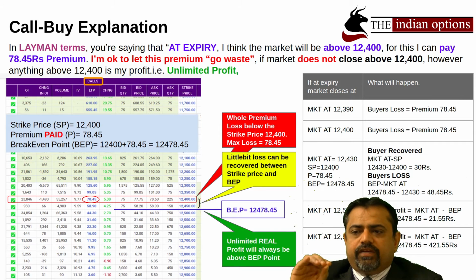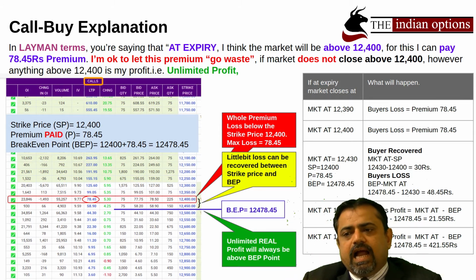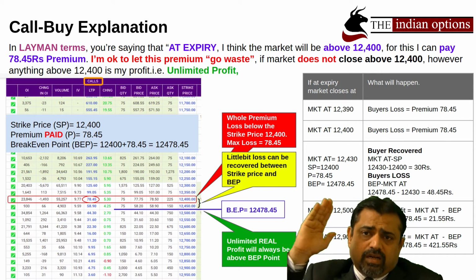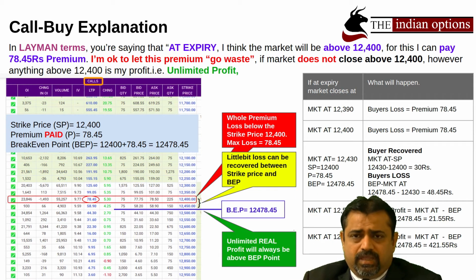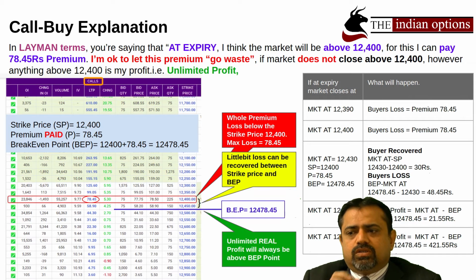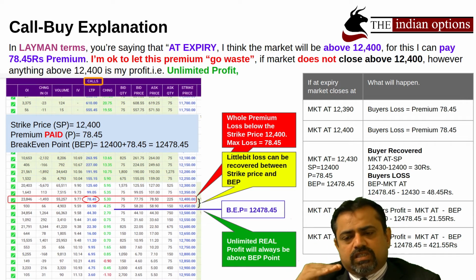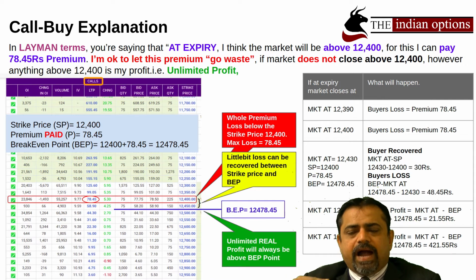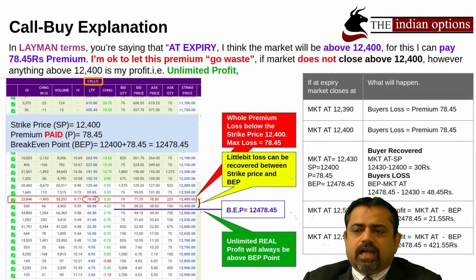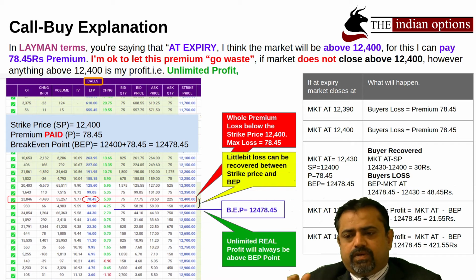Now if the market is trading at 12,390 on 30th Jan, then the buyer is going to lose all his premium, because his strike price was 12,400. Even if the market closes at 12,400, the buyer will still lose his premium, that is 78.45. That's the maximum, right?